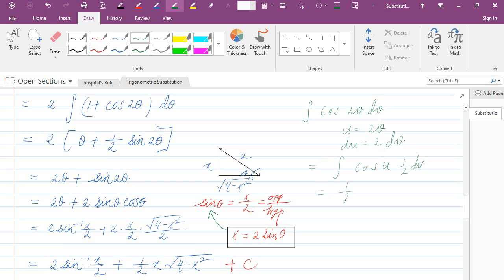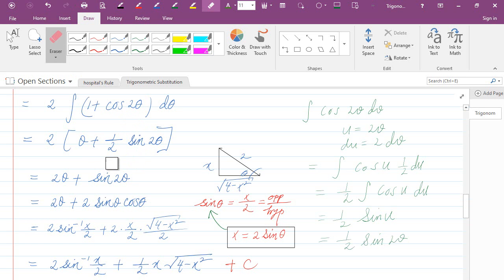So you get half integral of cosine of u du, and then you get half of sine of u, and I'm not going to write the plus c, and then we'll be replacing u with 2 theta. Okay, so that's why we're getting half of sine 2 theta for the indefinite integral of cosine 2 theta.